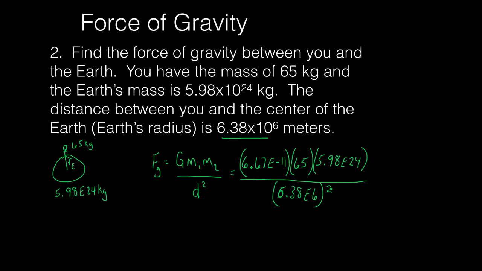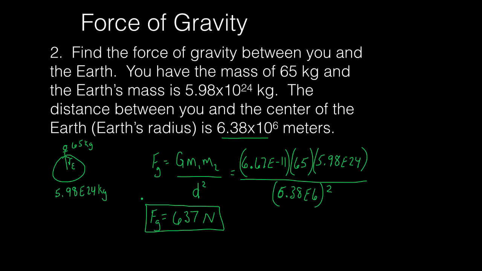Okay, and so I'm getting that the force of gravity between you and the Earth is going to be equal to 637, if you round it to the nearest whole number. And remember, the units for force is always newtons. And so that will be your answer.